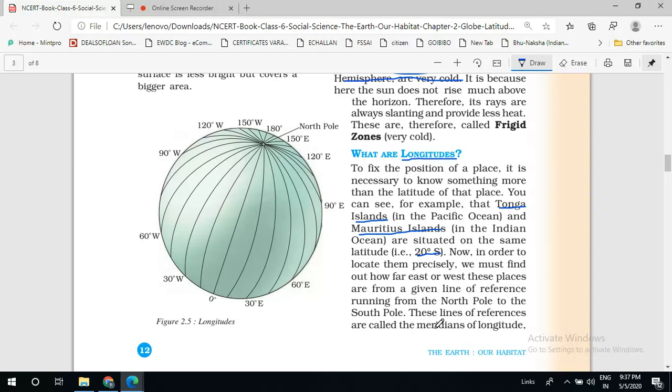In order to know the exact location of a place, we draw some more imaginary lines, and these imaginary lines are drawn from the North Pole to the South Pole. These lines which are drawn from the North Pole to the South Pole are called meridians of longitude. You can underline this.